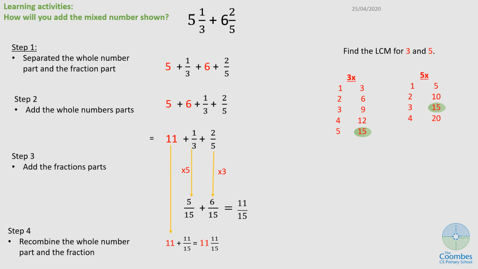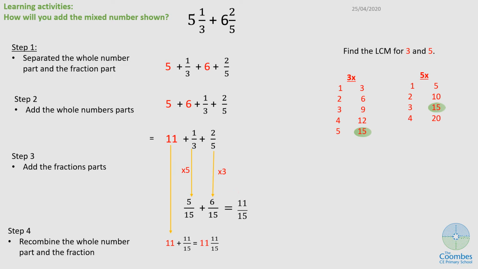So I now have the same denominator here, and then my numerators are 5 and 6. Remember, we never add the denominator. So I have a denominator of 15. I only add the 5 and the 6. So 5 add 6 is actually 11.